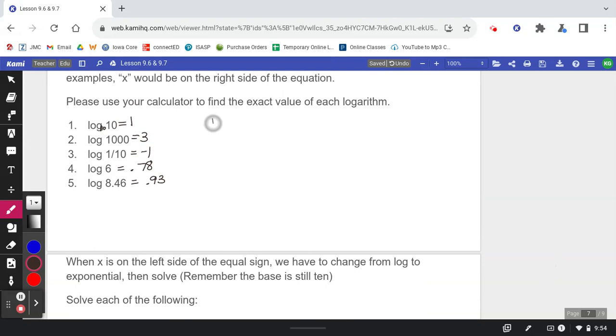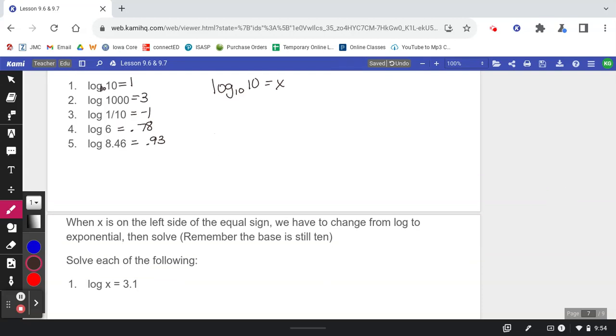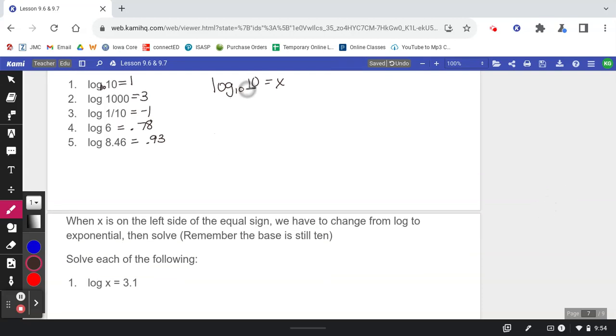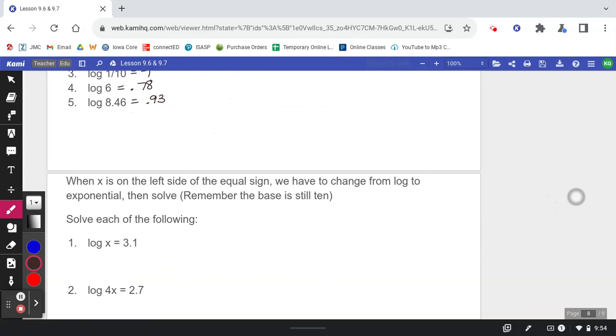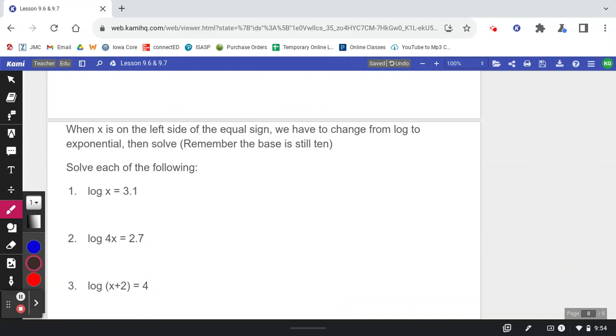So that was when we had log base 10 of 10 equals what? Now we're going to be changing and putting x in the spot here. And again, if there is no base, it's 10. So this one I could actually rewrite as log base 10 of x equals 3.1. Now, to change this to exponential form, which we did in previous lessons, this would become 10 to the 3.1 power equals x.